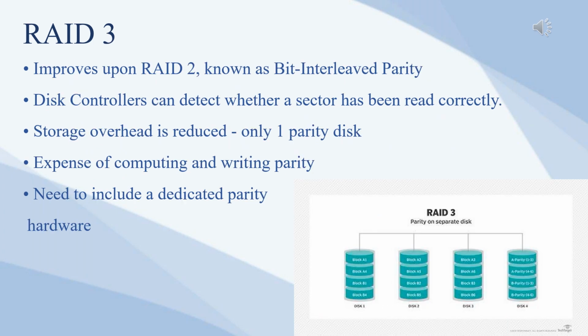RAID 3. In this level, byte level striping with a dedicated parity disk. The advantage is that it is good for large sequential reads. It offers fault tolerance, and the disadvantage is that write operations can be slower due to the parity disk involvement.